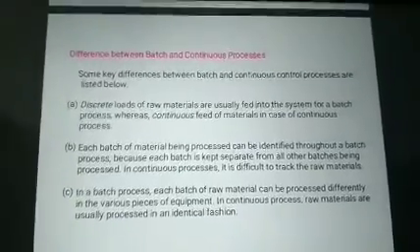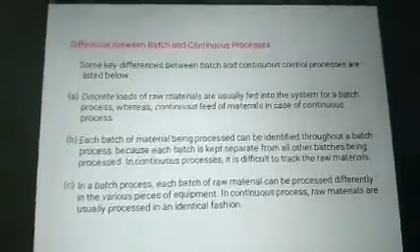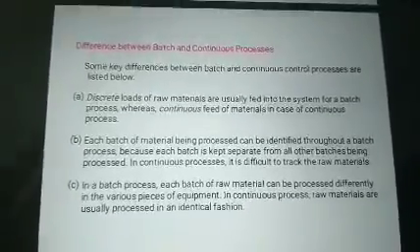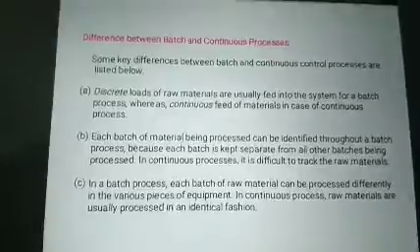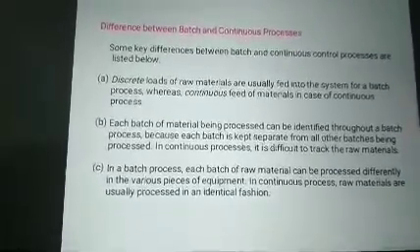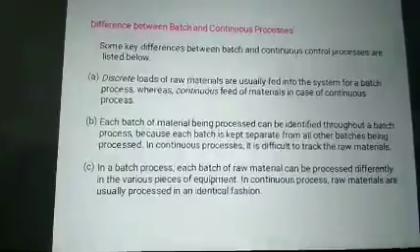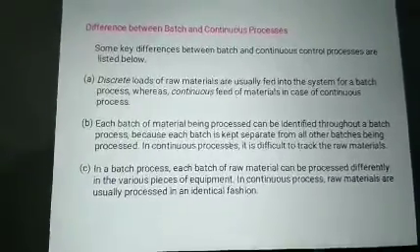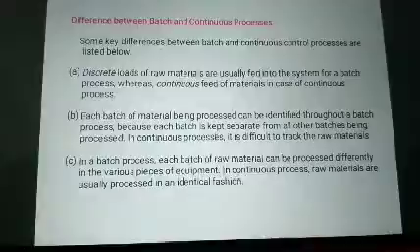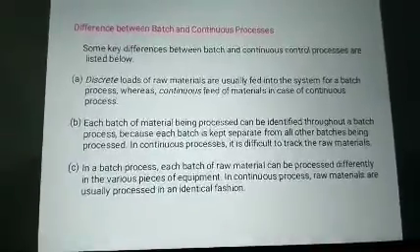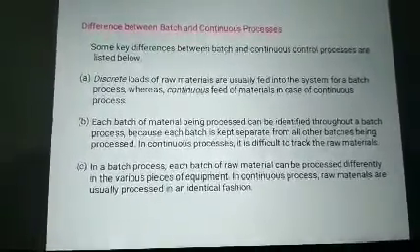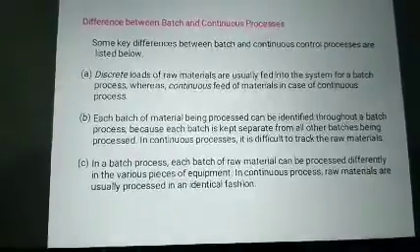Now we come to the basic differences between a batch process and the continuous process. There are very few differences which we can neglect, but the main ones are that discrete loads of raw materials are usually fed into the system for a batch process, whereas a continuous feed of materials is there in the continuous process.